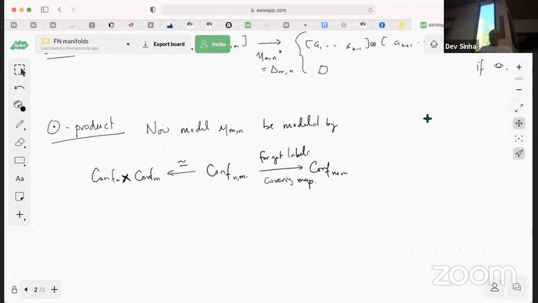We're going to have, say, two different Fox-Neuwirth cochains over the product of the configuration spaces. We're going to think about how that pulls back to the configurations of red and blue points together.